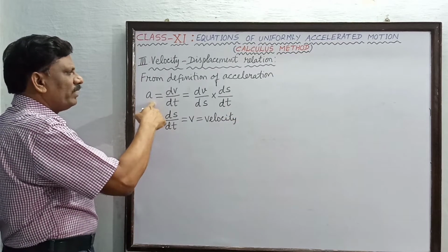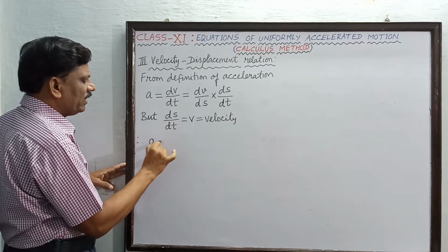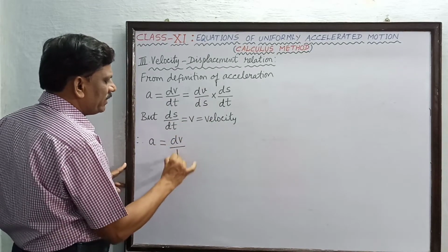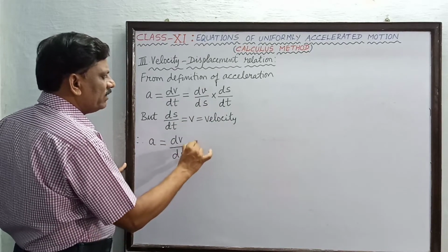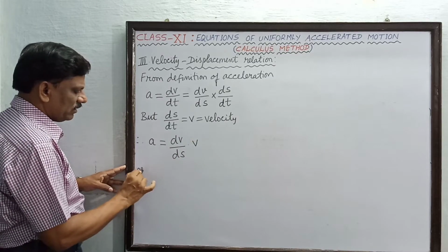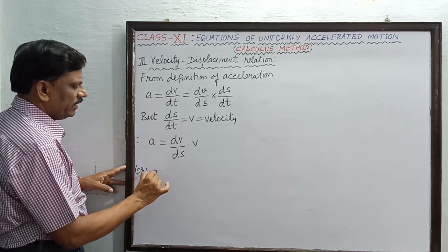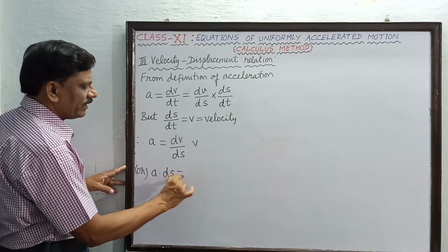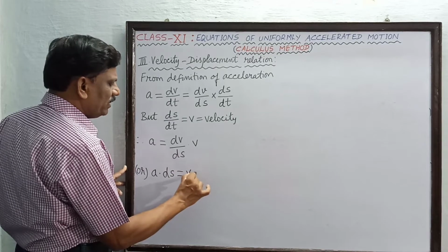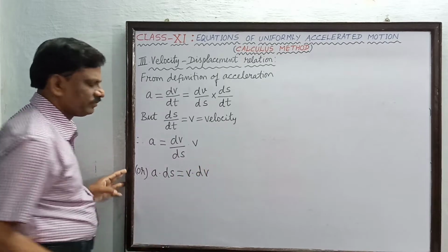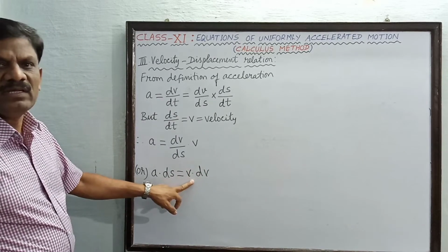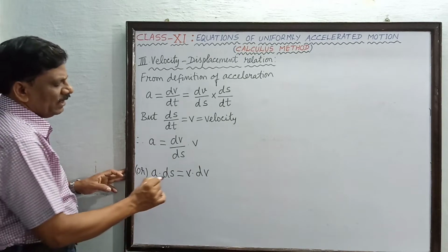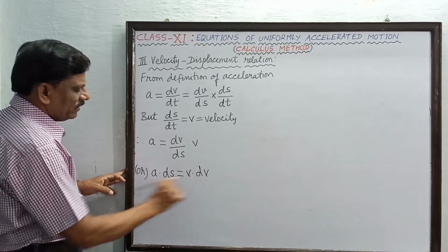Therefore, the above equation can be written as a is equal to dv by ds into v, or a into ds can be written as v into dv. Understand that?